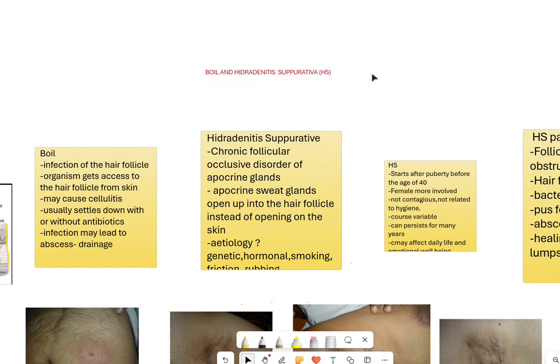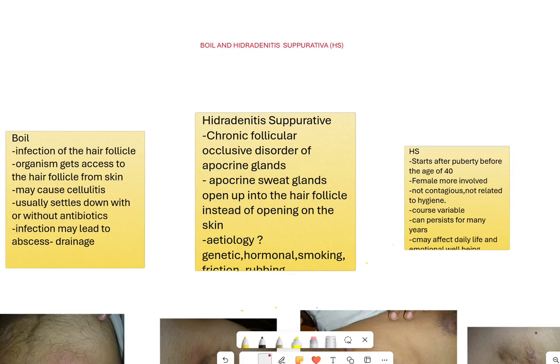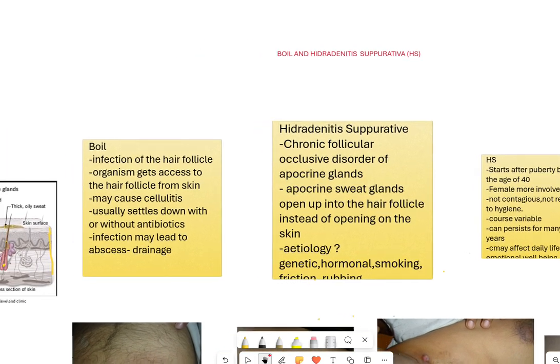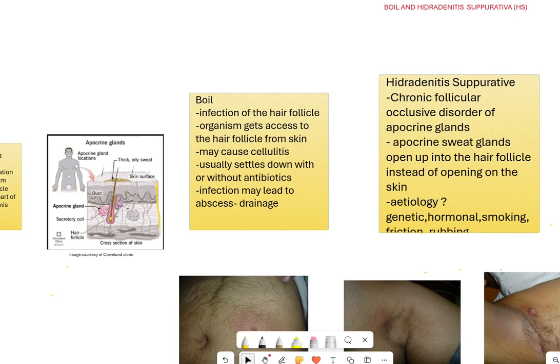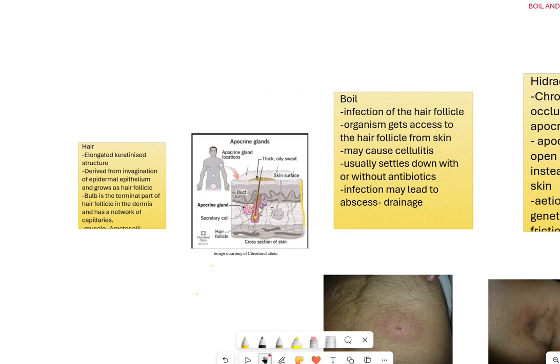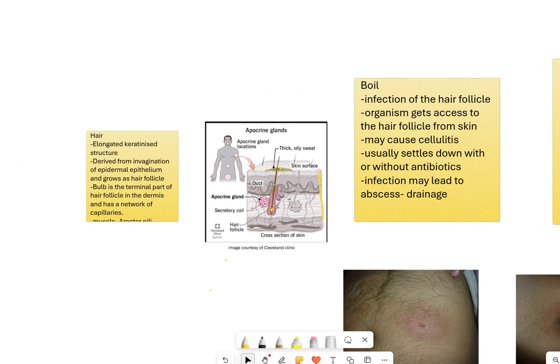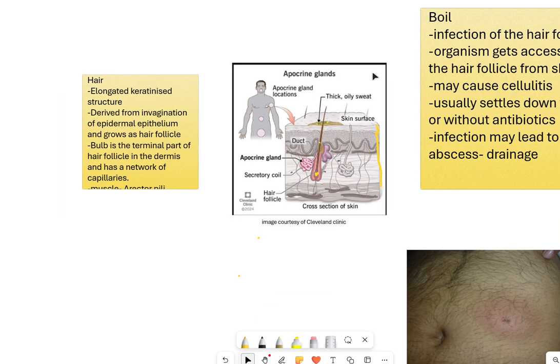Now, to understand boil and HS, you need to understand what is hair follicle, number one. So what is hair? Hair is an elongated keratinized structure, and it is derived from invagination of the epidermal epithelium and grows into the dermis as a hair follicle.